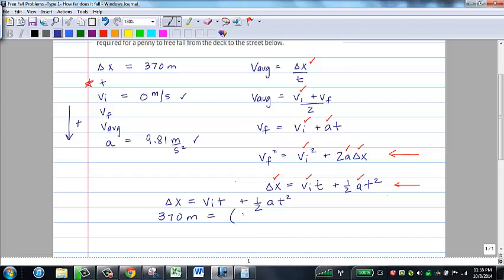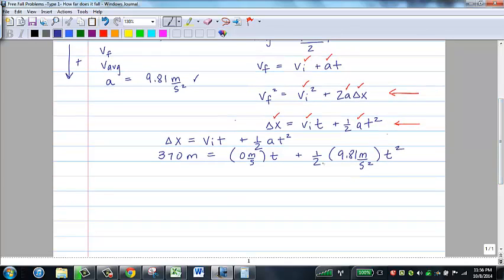And VI is equal to 0 meters per second. And I don't know what t is, but I know that anything times 0 is equal to 0. And then I have 1/2 times A, 9.81 meters per second squared, times t squared.